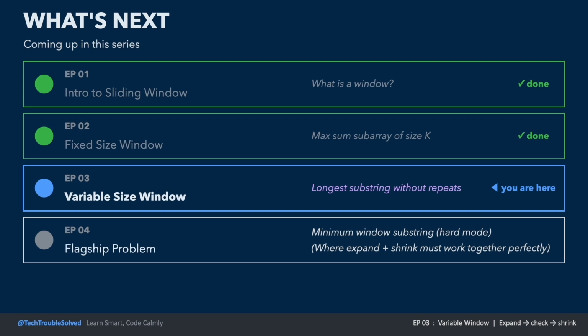It is the problem where the expand and shrink logic have to work together under a more complex condition. It trips people up in real FAANG interviews. But if you have followed this series, and especially if today clicked, you will be ready, I promise. We are building this up one piece at a time, and it's all going somewhere.